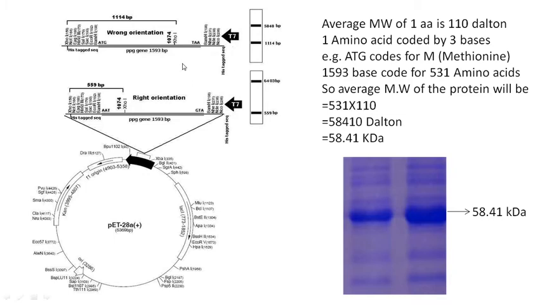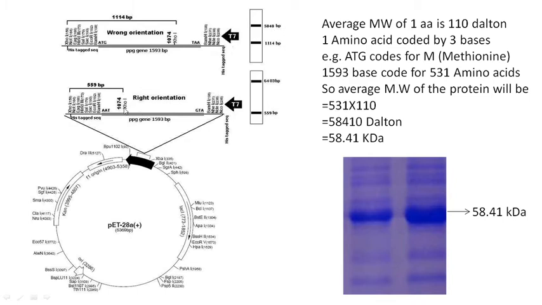There are two possibilities: one is a wrong oriented plasmid, another is a right oriented plasmid. In the wrong orientation, when you digest with XhoI, you get two bands, one band of about 1.1 kb, and the remaining is 5.8 kb, because the size of this pET vector is 5.3 kilobase pairs. So in the wrong orientation you will get two bands, 5.8 kb and 1.1 kb.